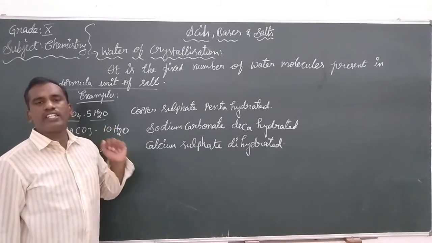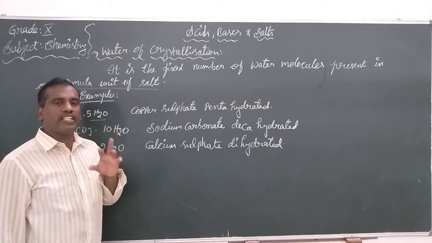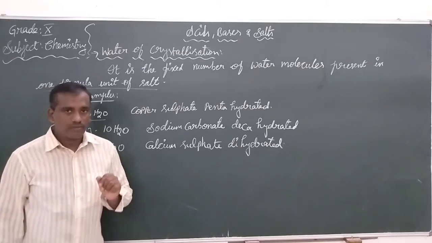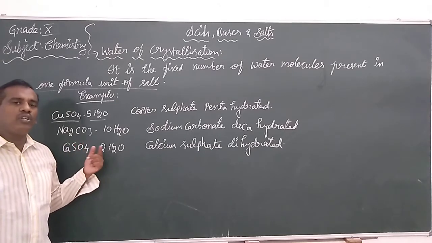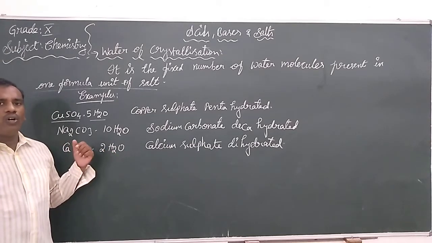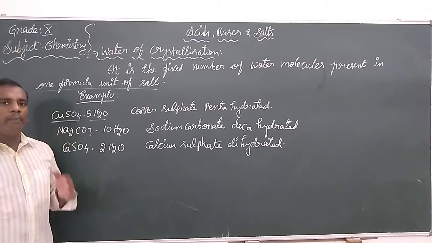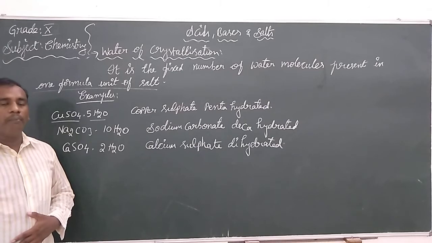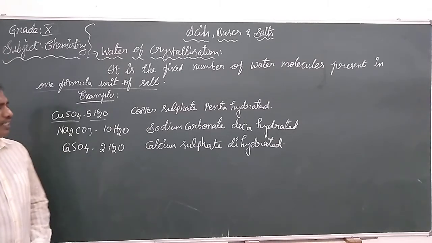For each and every salt, these water molecules will vary. Another example, if we take Na2CO3 10H2O. Do you know the last concept that we discussed? Baking soda. Yes, we have observed one point there.